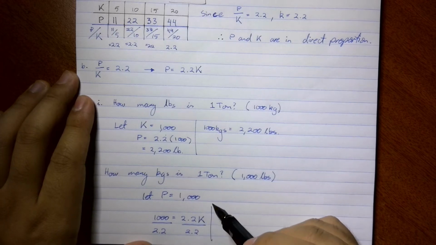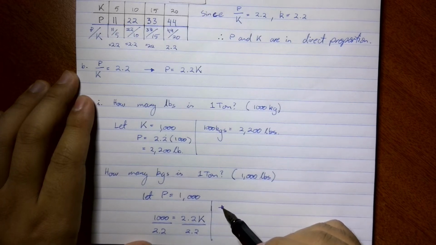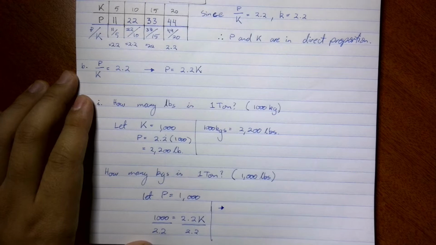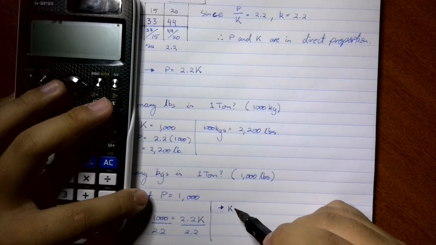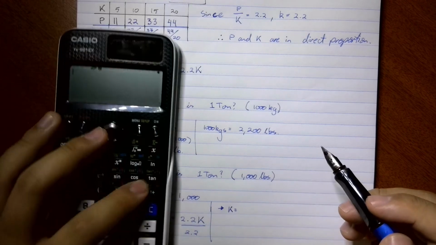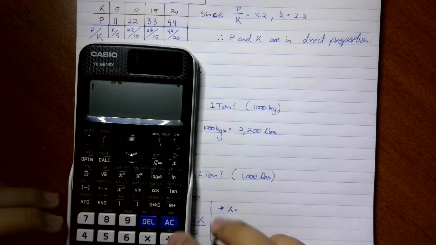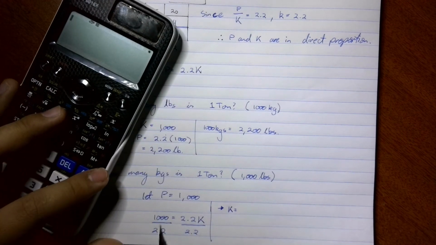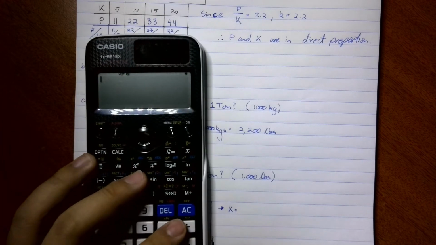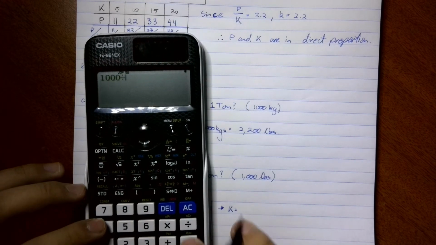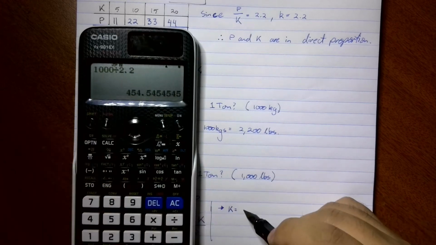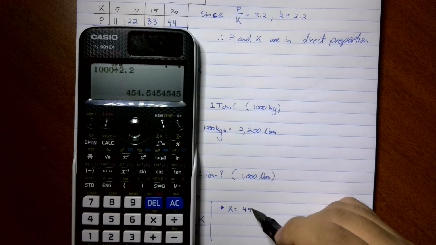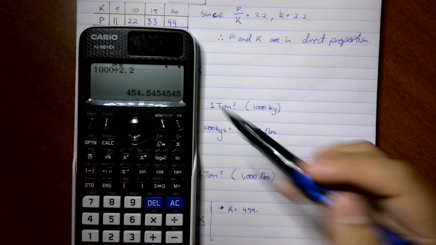I'm going to continue my working out here. So we're now going to have K equal to 1,000 divided by 2.2, which gives us about 454.55 kilograms, rounded off to 2 decimal places.